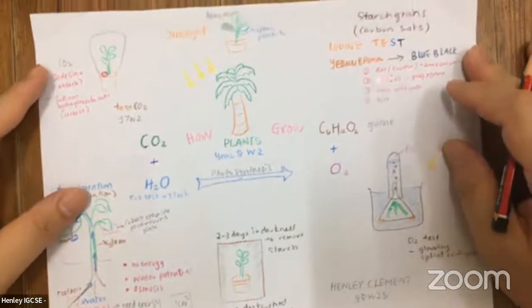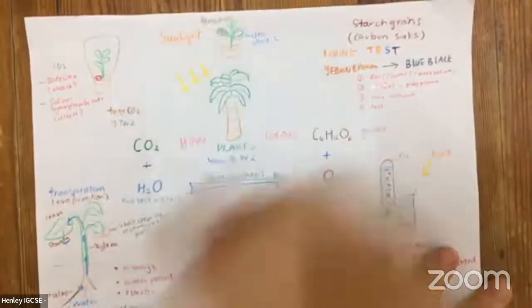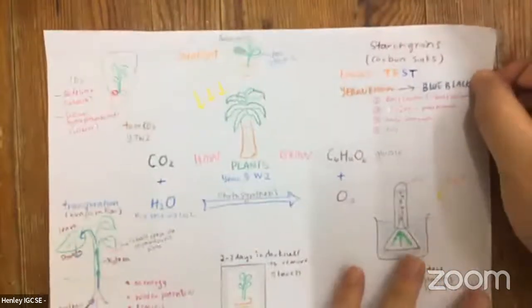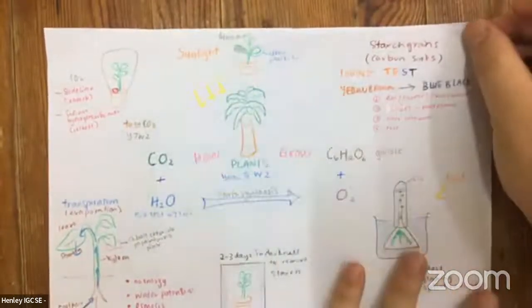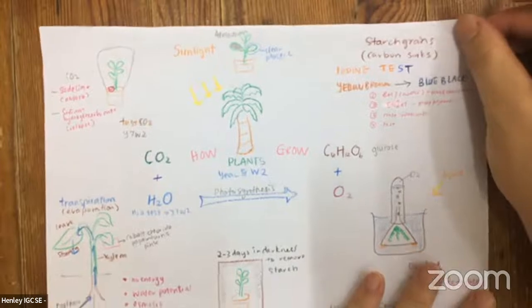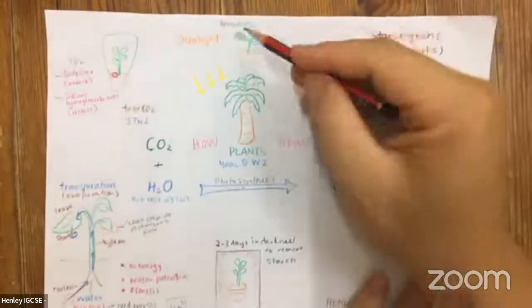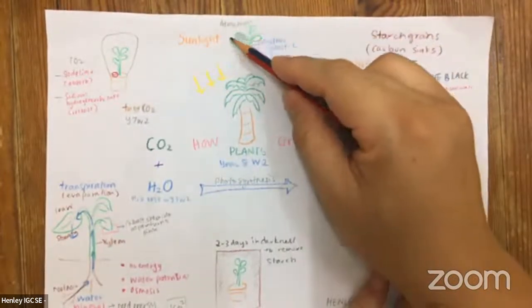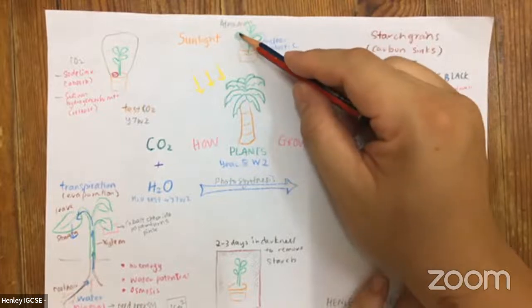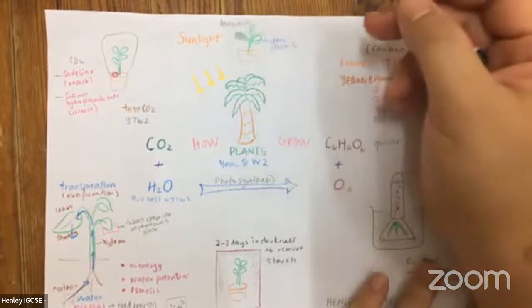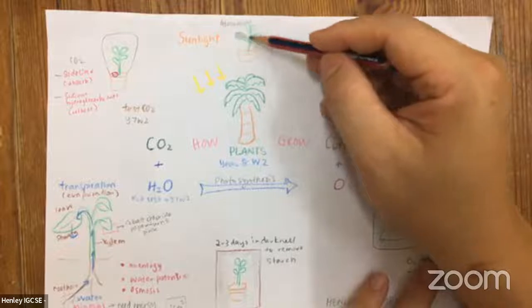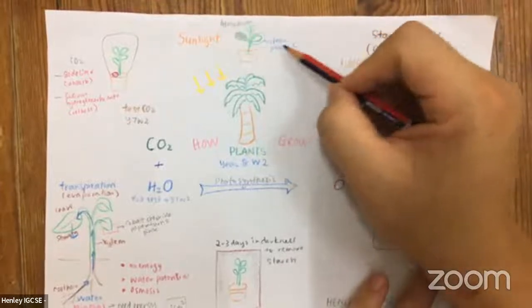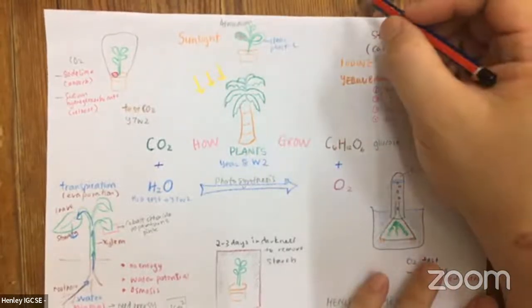Another condition to test is sunlight. We can easily test by using aluminium, which is opaque, not transparent, to cover one leaf, and on the other hand, we use transparent plastic to cover another.